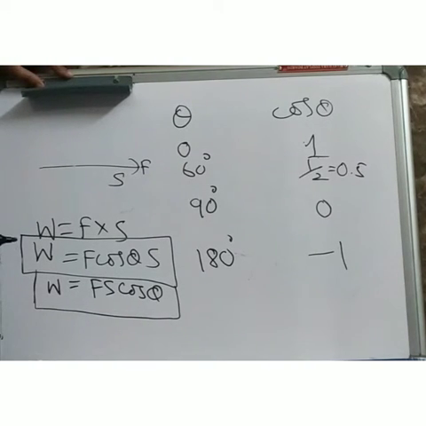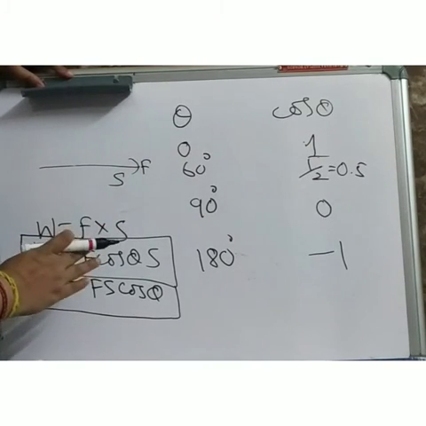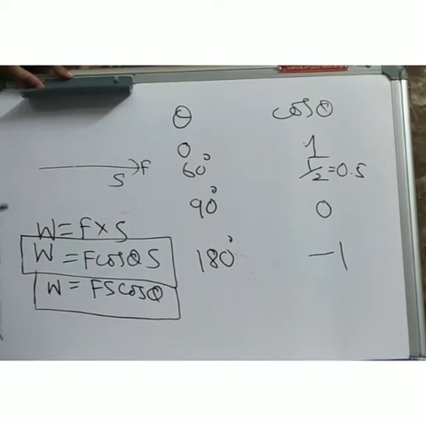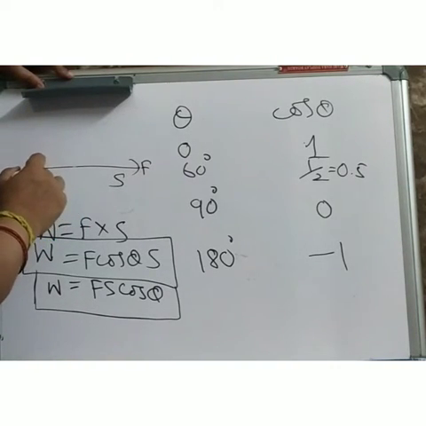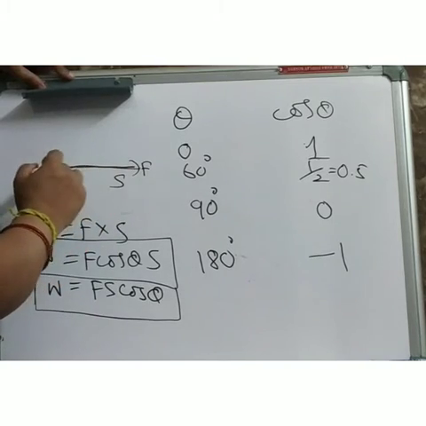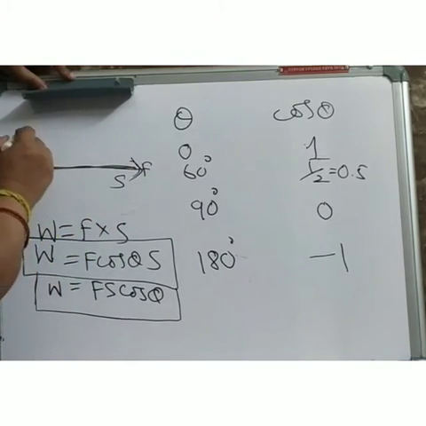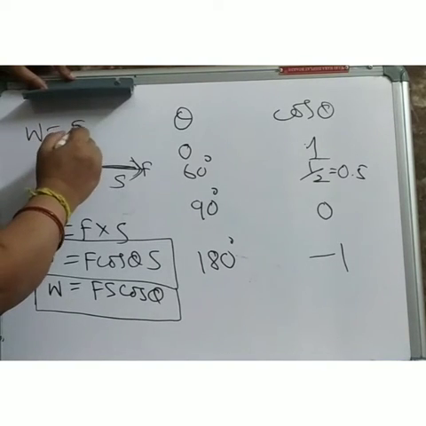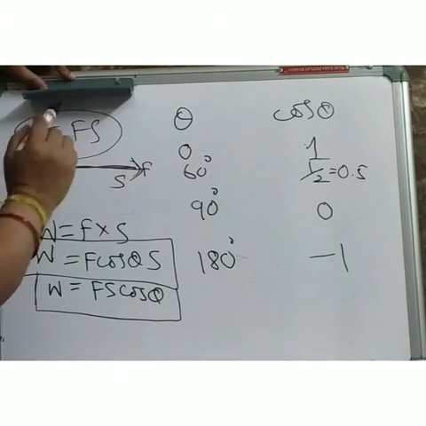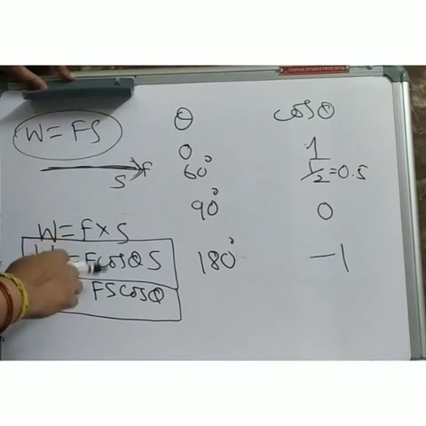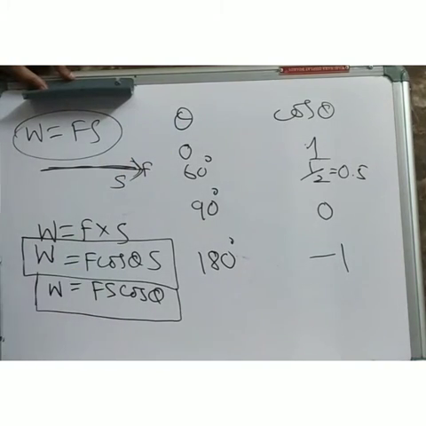Now we will try to realize what this is. Is it really true, what we have discussed till now? We know when the angle is 0, when displacement is happening in the direction of the force applied, W is equal to Fs. This we have already studied. Now we will apply this in the formula.